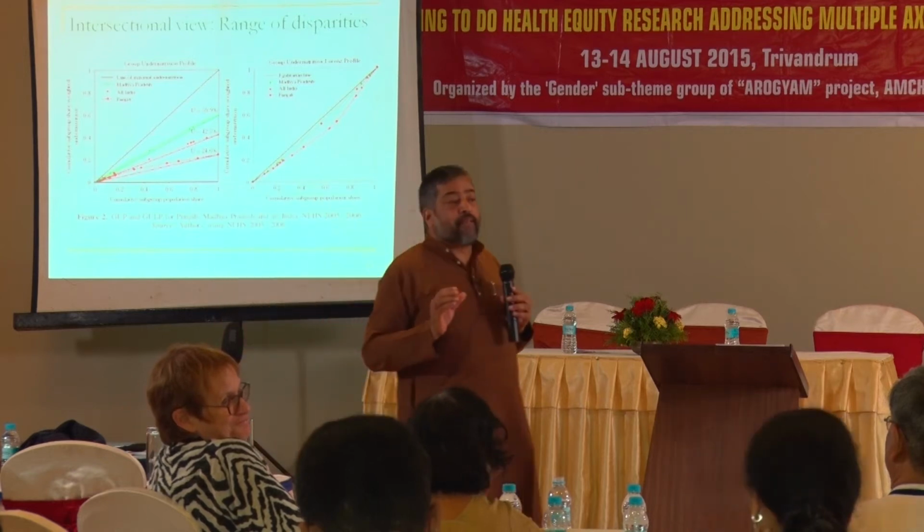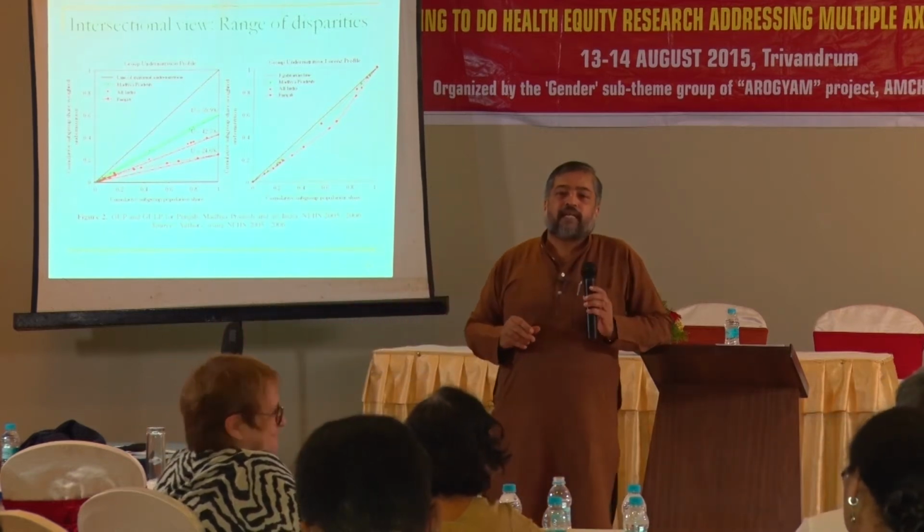Now, an illustrative example: let us take 3 groups 1, 2, 3. You have an overall undernutrition level of 40%. So, you have undernourished children and you have total children. Total children is 400.